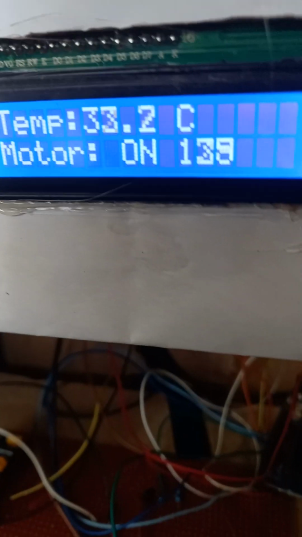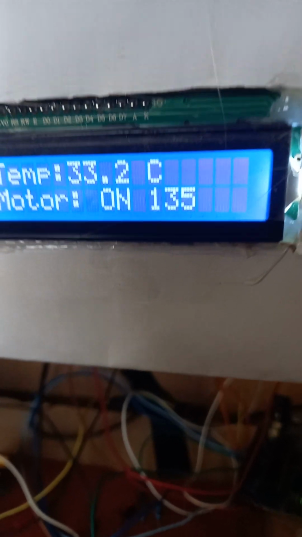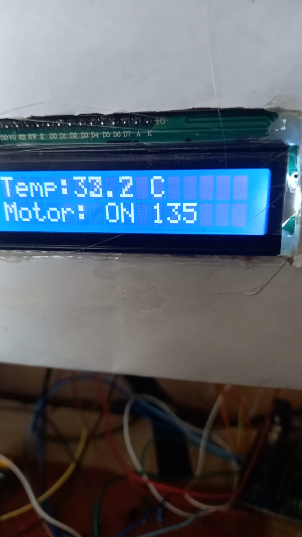And as the temperature decreases, as you can see, the speed of the motor also decreases.